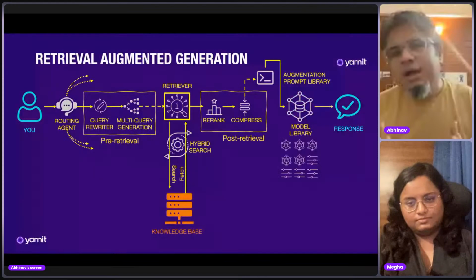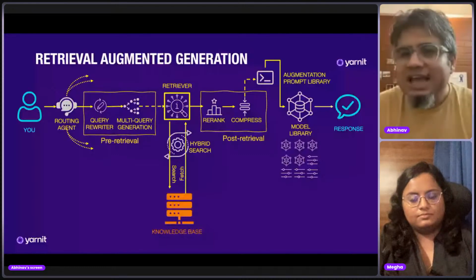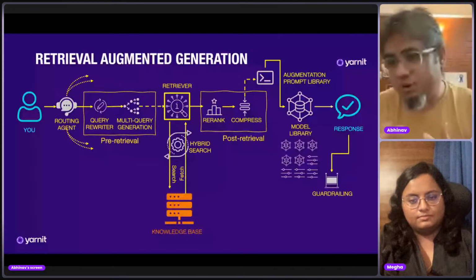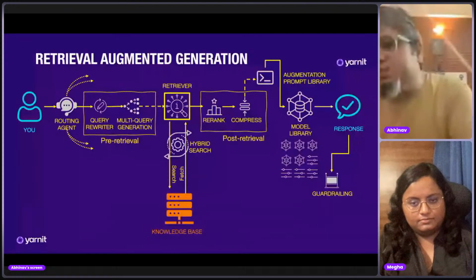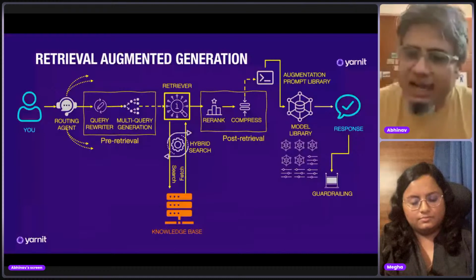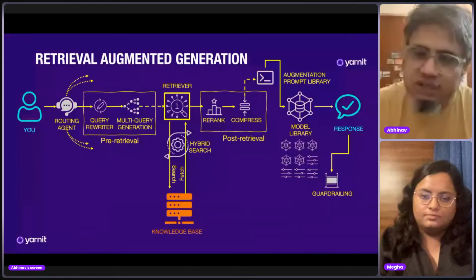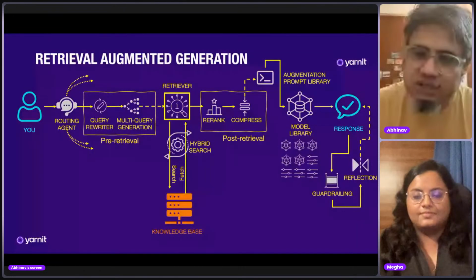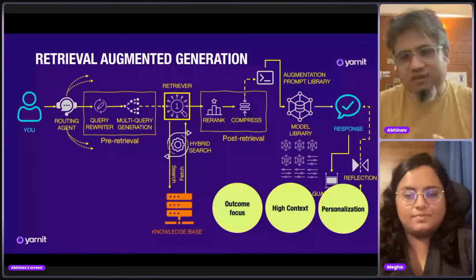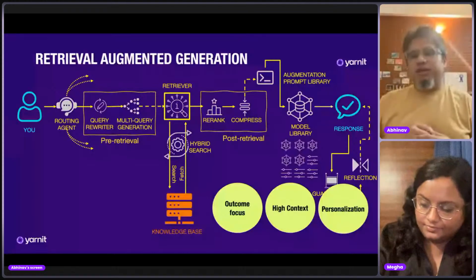There is a model library where there are multiple models, and then the model generates the response. But that's not the end of it. Once the first response is generated, it goes through this entire process of guardrailing and reflection, and the final outcome that comes to you is of really superior quality, with a lot of context and very personalized to you.